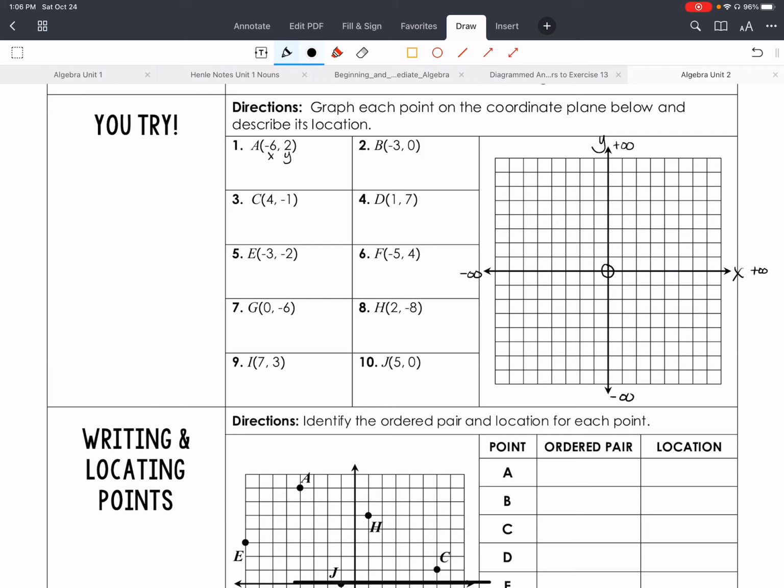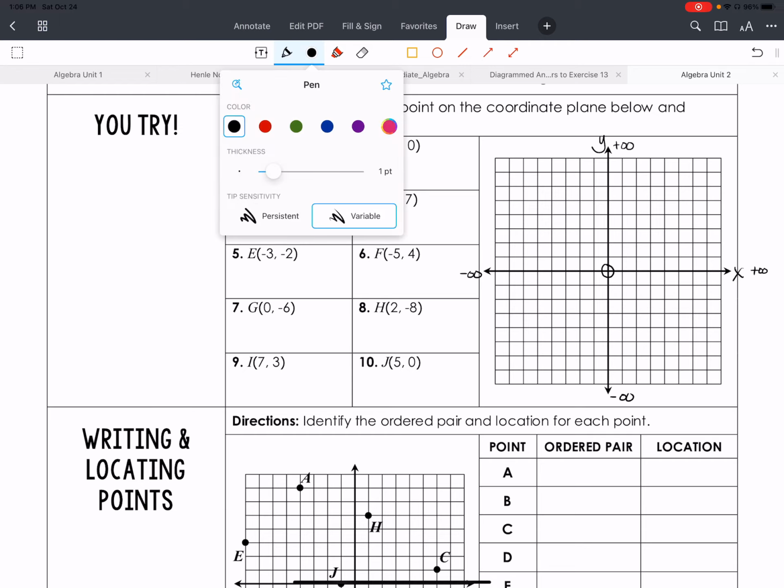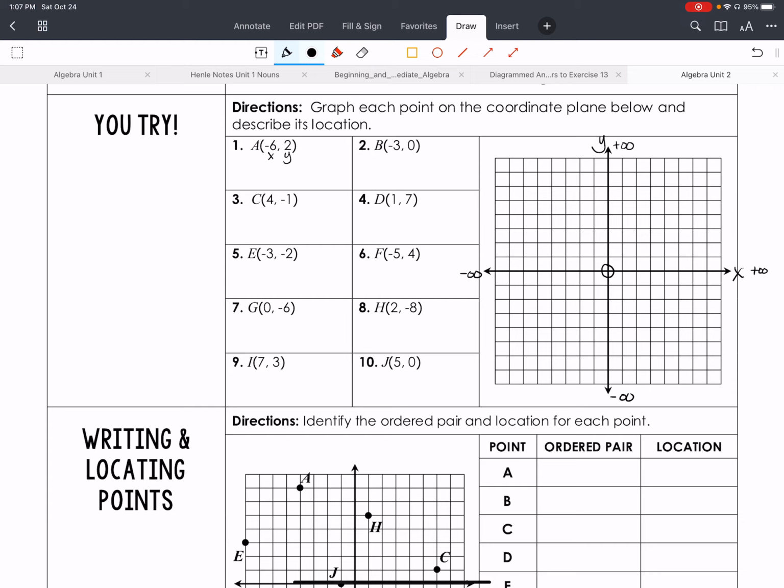Counting out on my X number line, I'm supposed to head out towards -6. It's kind of hard to do this without tracing with my fingers, and I don't want to leave marks all over my graph. Well, I'll just do it. I'm going to go 1, 2, 3, 4, 5, 6. All right, I've headed out.